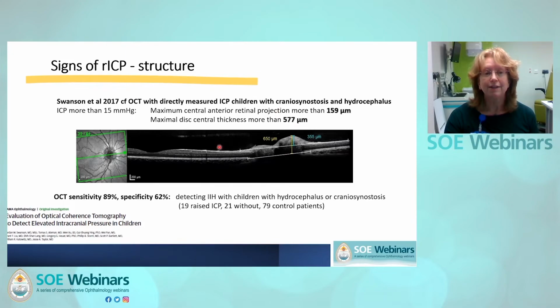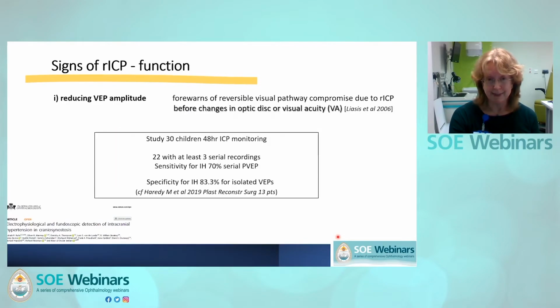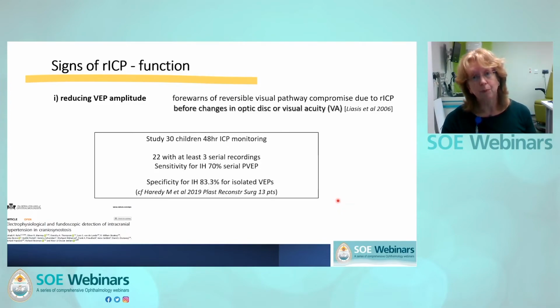And these two values have a high sensitivity at detecting intracranial hypertension in children, which is wonderful that we sometimes do now have an actual measure, but very hard to achieve OCTs in some of those kids. So for a long time, we have looked for a reducing VEP amplitude over time to forewarn us of a reversible visual pathway compromise with raised ICP.